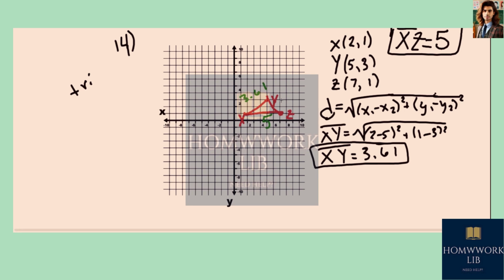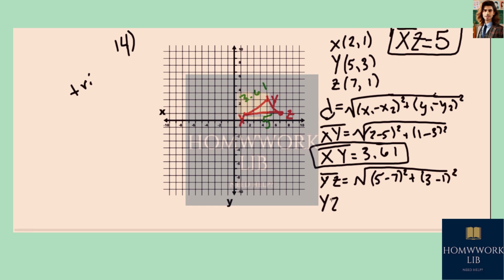Now we need to find the measurement of YZ. Same exact step, so we're going to take YZ, and those are my 2 points, (5, 3) and (7, 1). I'm going to let Y be point 1, Z be point 2. So that is the square root of 5 minus 7 squared plus 3 minus 1 squared.